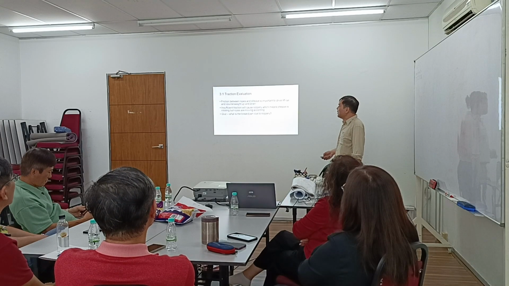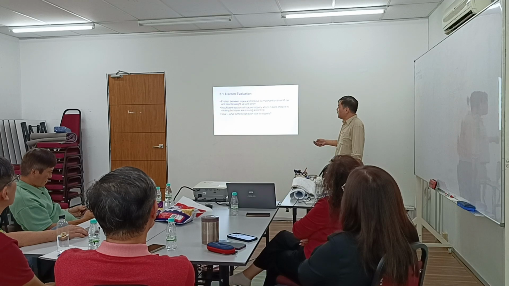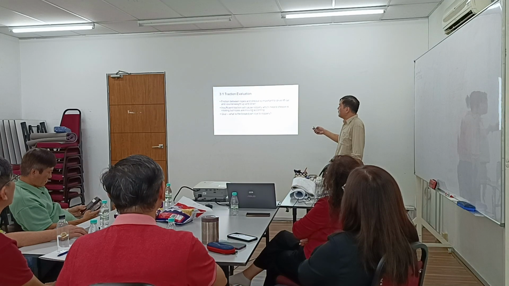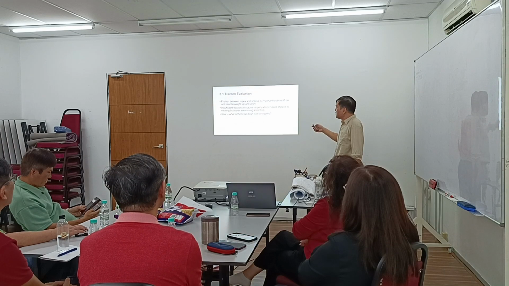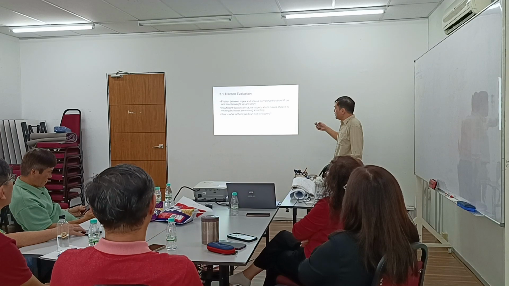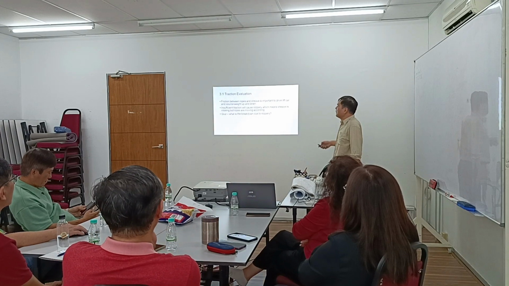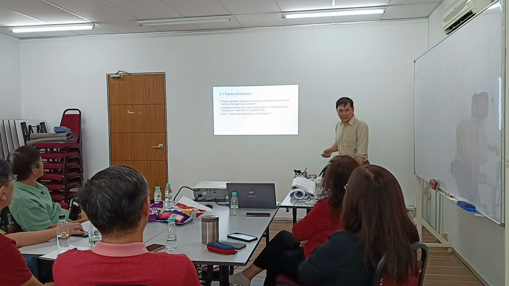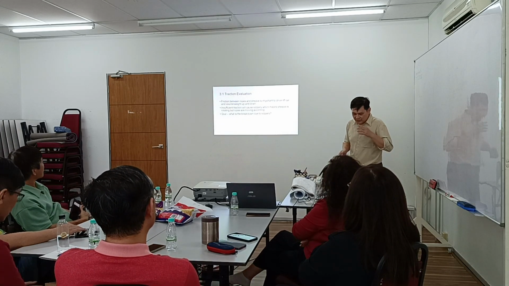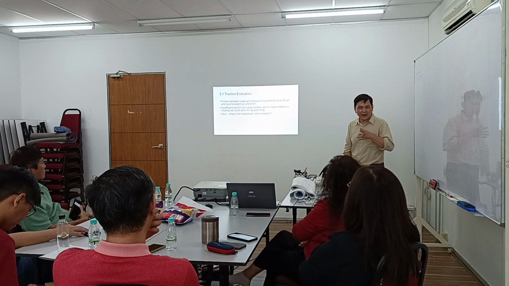So traction evaluation. This is the friction between rope and sheave to drive the lift car and counterweight up and down. Insufficient traction will cause slippage, which means the sheave is rotating but the ropes are not moving accordingly. So what is the breakdown due to slippage? Sometimes when you see the lift car, they have a floor error. Have you encountered that?